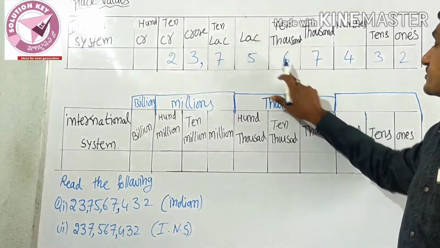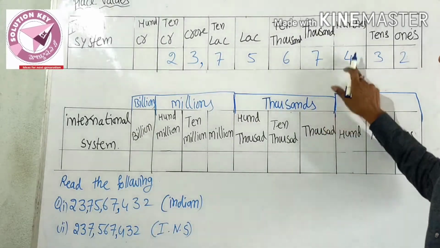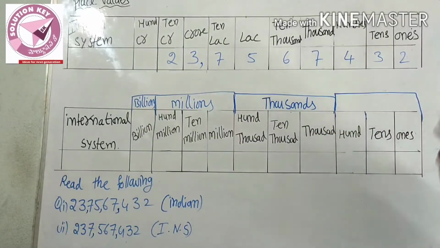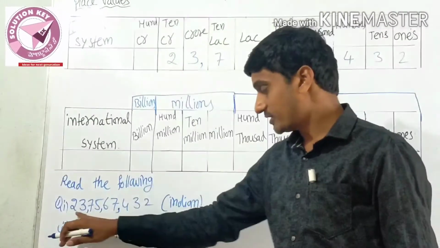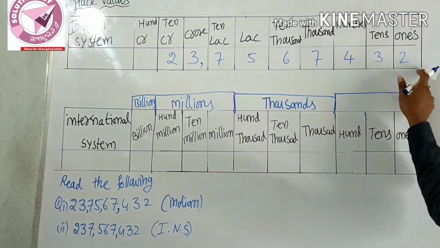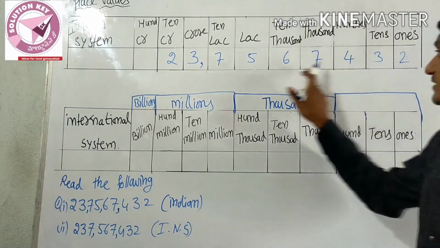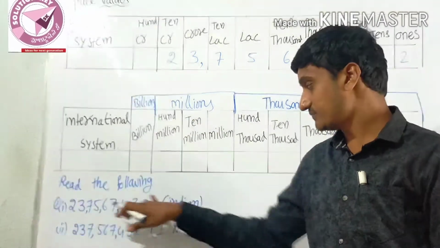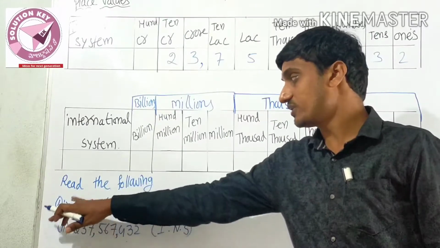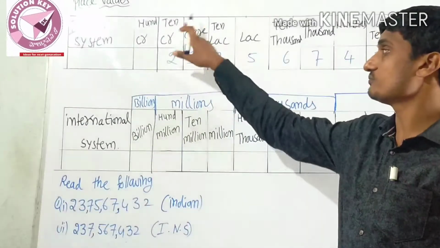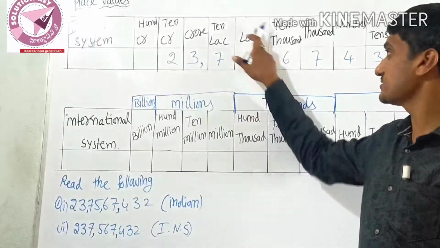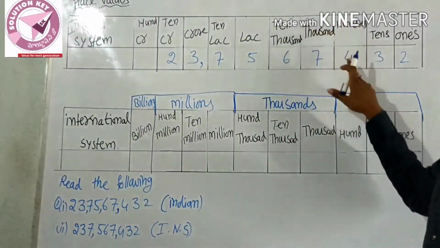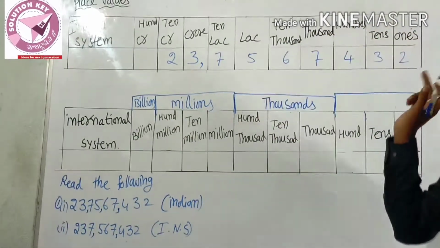This is also thousands: 67,432. Once again, take the number from the right hand side in our table. It is the Indian system, that's why I am taking two digits. Each place has a single name: crores, lakhs, thousands, hundreds, tens and ones.